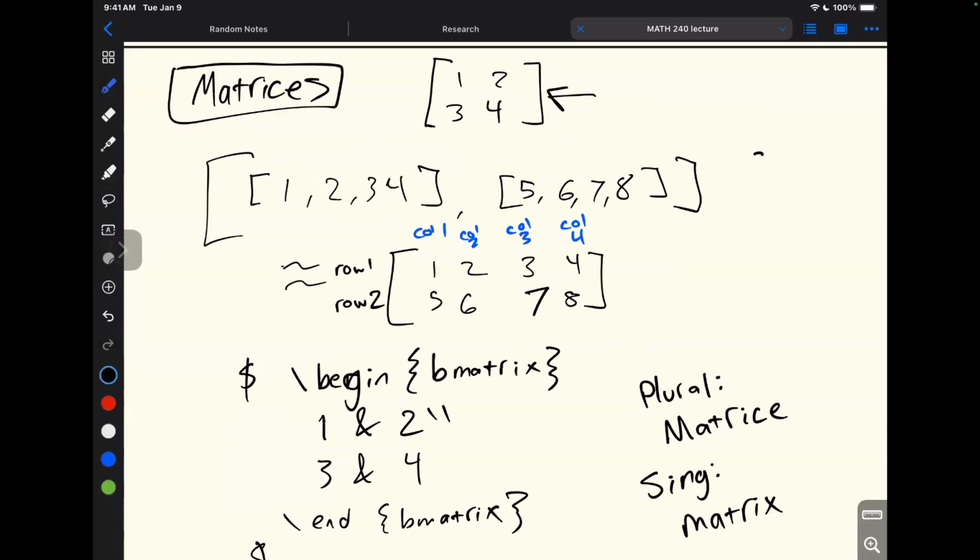If I have 0 and then let's say 3, it's going to choose this list first, and then it's going to choose 0, 1, 2, 3, so element 3. Row comes first, column comes second. I for row, J for column. The number of rows is M. The number of columns is N.